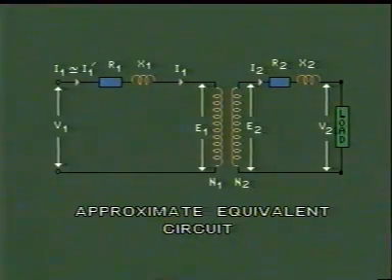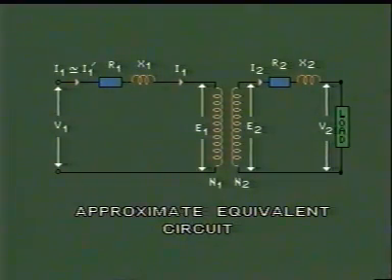Now in this diagram you see that I1 is now approximately equal to I1 dash, as I0 is taken as negligible. R1, X1 are the resistance and reactance of the primary winding, R2 and X2 are the resistance and reactance of the secondary winding.